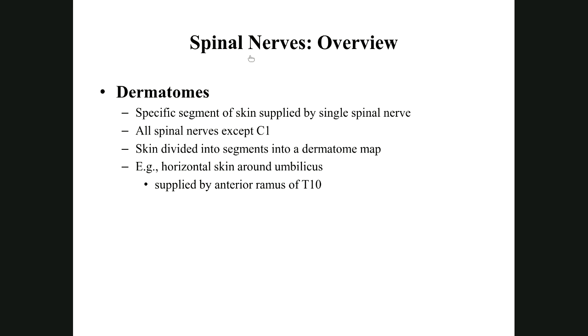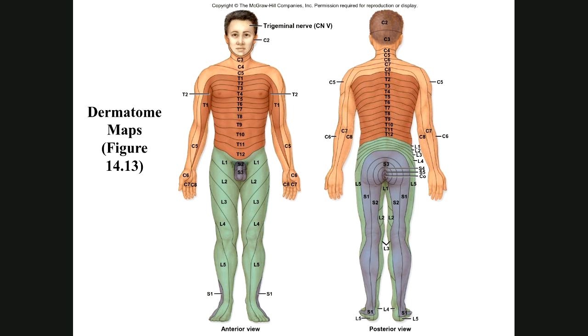So dermatomes, these are specific regions of skin supplied by a spinal nerve. So in other words, this is a way to take the human body and turn it into a map of which nerves control which areas of the body. Here's the anterior and here's the posterior.